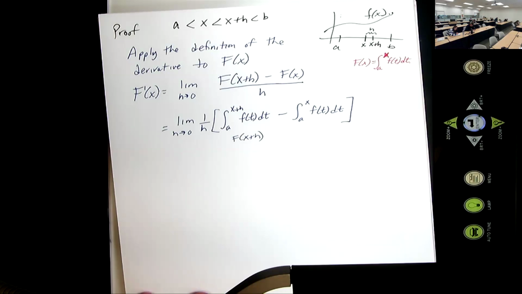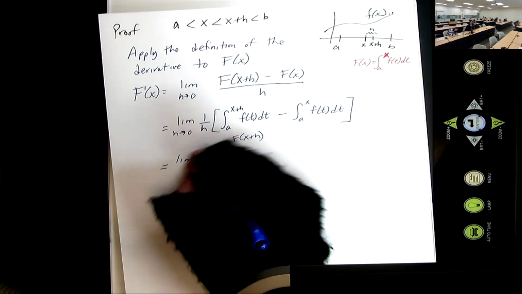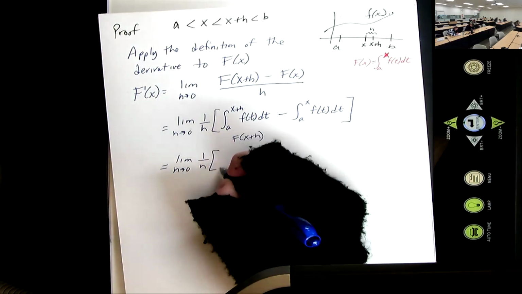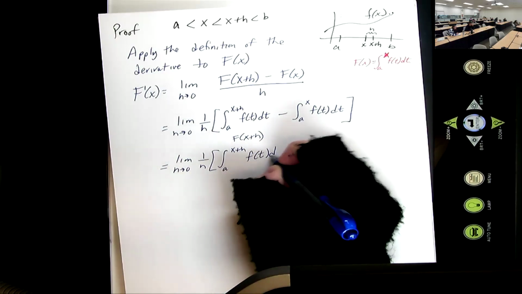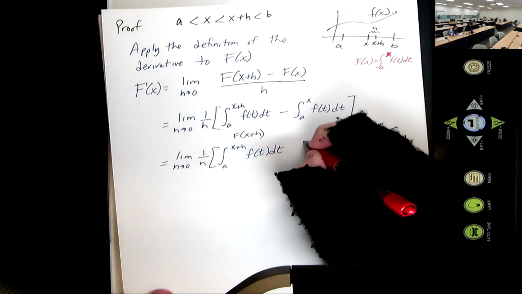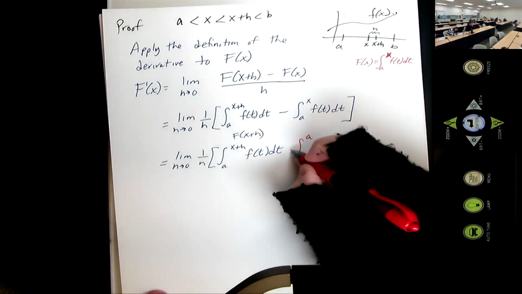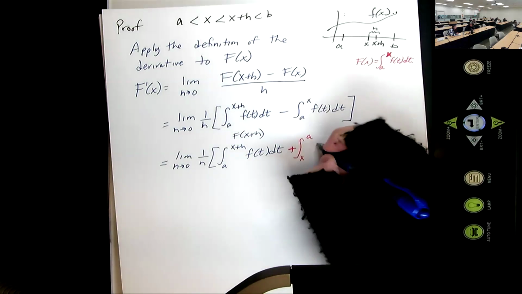We saw in the rules for integrals last time that we can do the following. I'm going to leave the first part alone. But if I flip the limits of integration, put x on bottom and a on top, it changes the sign. That's something we learned last week.